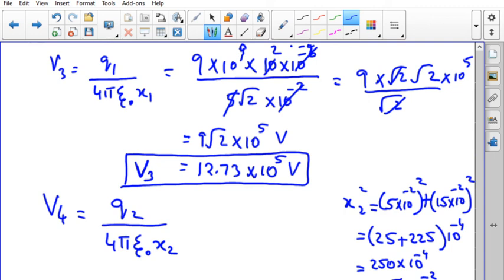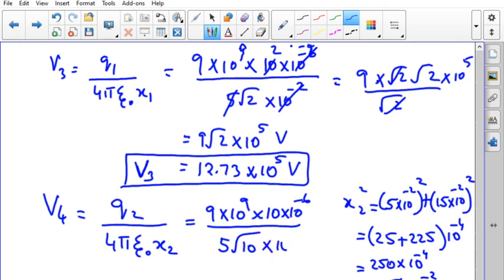Substitute the value here. The value of 1 by 4 pi epsilon naught is 9 into 10 power 9. Q2 is 10 into 10 power minus 6. And the value of x2 is 5 root 10 into 10 power minus 2. So we will get 9. 10 can be written as root 10 into root 10, by 5 root 10 into 10 power, here it will become minus 4.